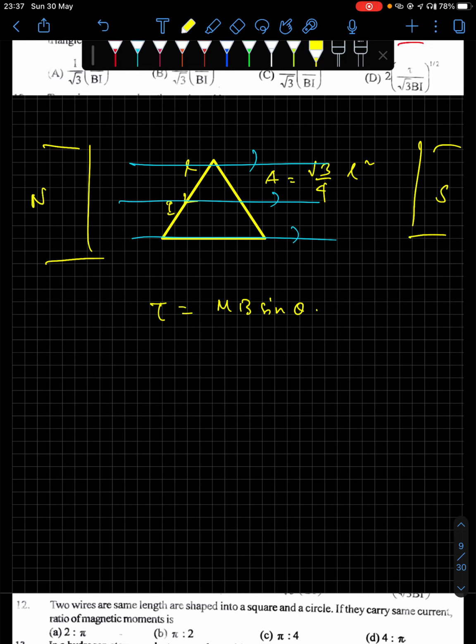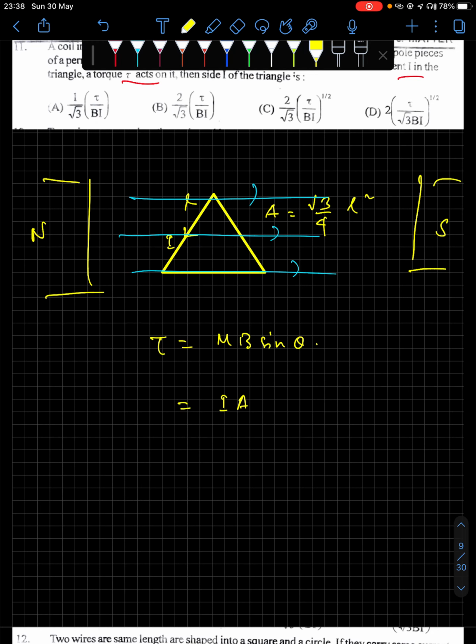So if theta is 90 and the coil is carrying current I, then the magnetic moment in terms of current relation is I into area. NIA it was, where N was the number of turns, but we have only one turn here, nothing is mentioned about that. So we'll be writing down the relation for magnetic moment as IA only. So IA B sine 90.